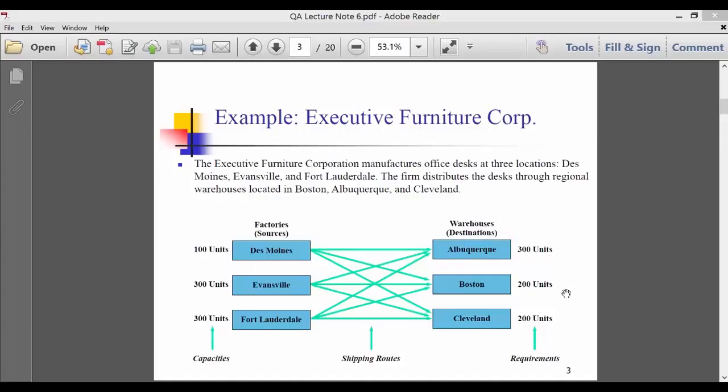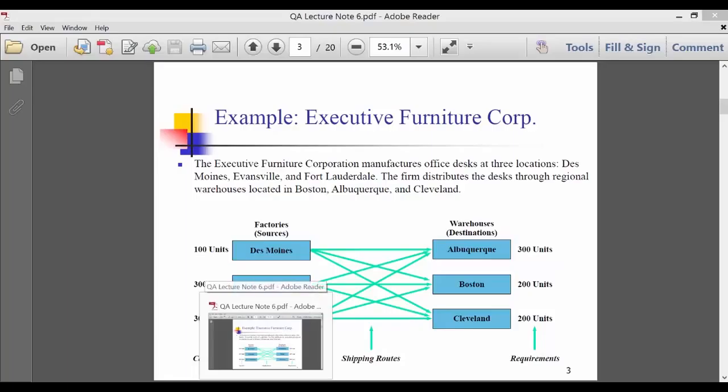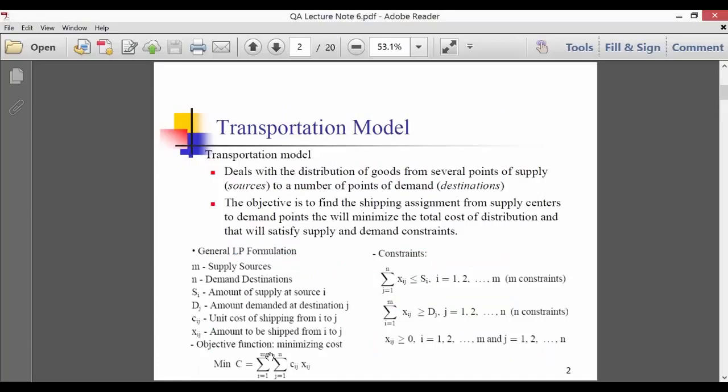There is also another group of constraints dealing with the demand. For each market, we are required to satisfy the demand of a certain amount of units. So using a standard LP format, coming to the model here, first of all, our decision variables: set x sub ij equal to the amount to be shipped from plant i to market j, or to location j.